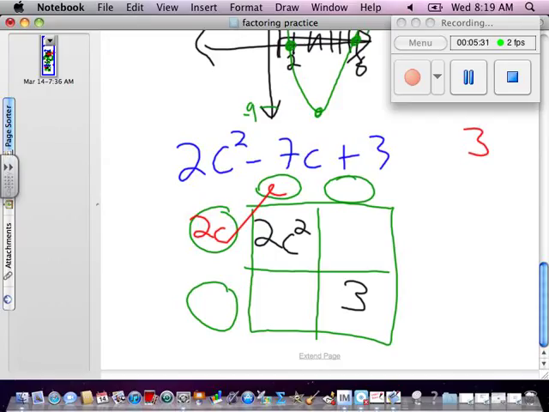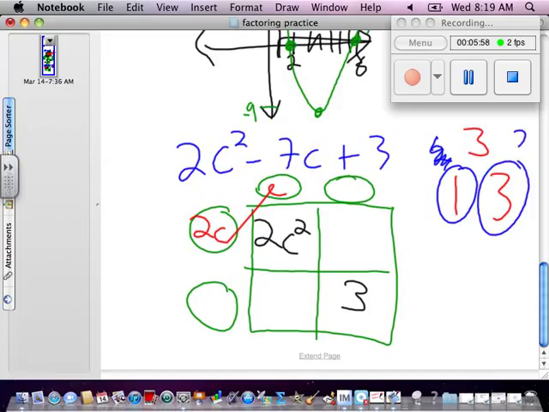What are factors of 3? 1 and 3. Those are the only things that multiply together to get 3. We're going to have to multiply one of them by 2, and when we add it together, get 7. Let's multiply 1 by 2. 1 times 2 is 2. Does 2 plus 3 give me 7? No, so that can't be it.